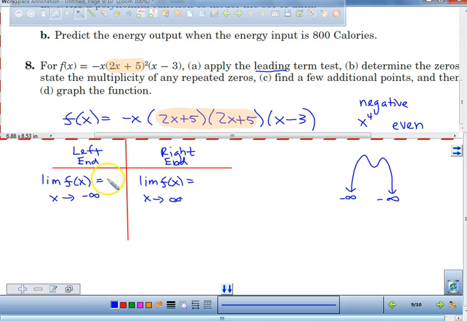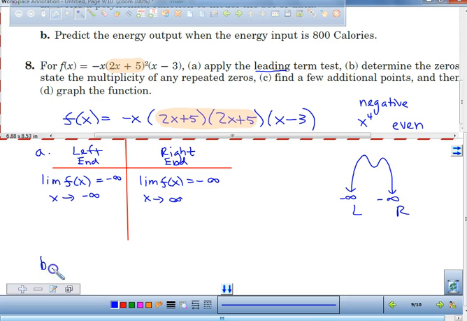So the limit is going to negative infinity on the left side and negative infinity on the right side. I realize I'm doing a lot of work up here, but I want you to be able to see why this is the answer for A. You're like, that's the answer? Yes. It says apply the leading term test. The leading term test gives me my left-hand behavior and my right-hand behavior.